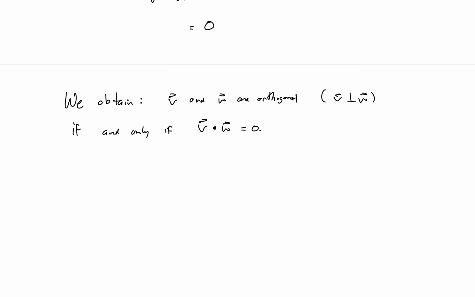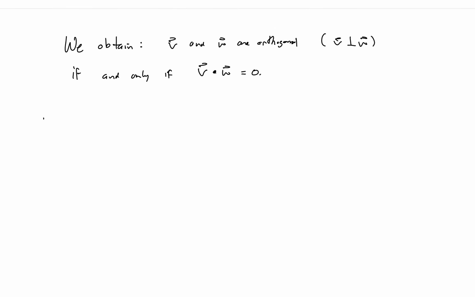So let's go ahead and look at an example using what we've done so far. So let's find the angle between the pairs of vectors.